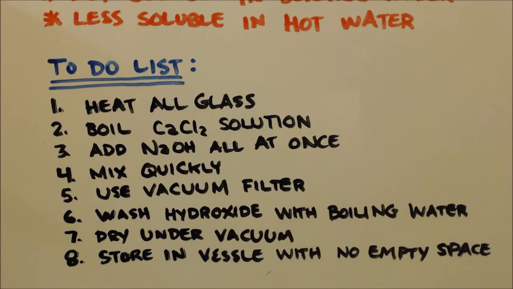You should wash your hydroxide with boiling water, meaning once you throw it in the vacuum filter, you suck all the water through, right? Now you're going to have to wash it, put some more water in that vacuum filter, because all that precip has salt, like sodium chloride on it or whatever, and you want to get that out of there.